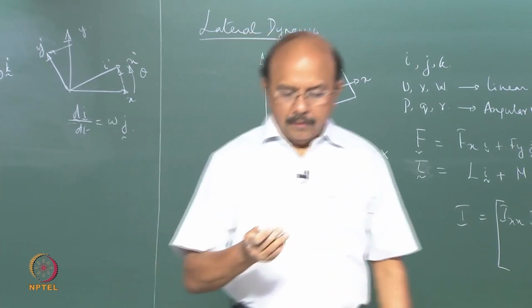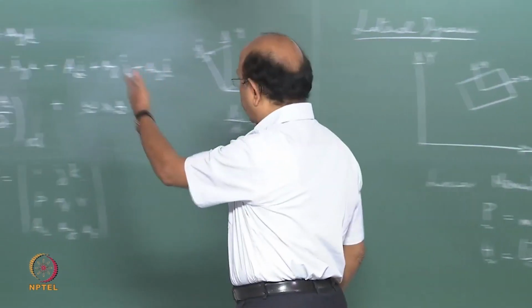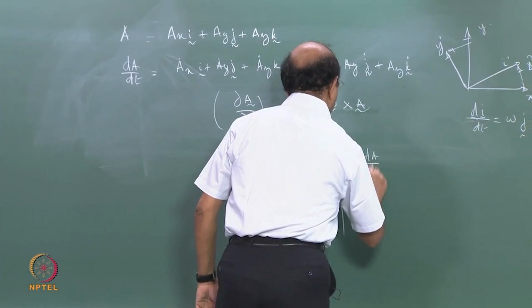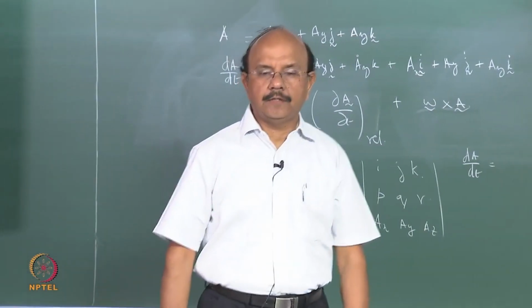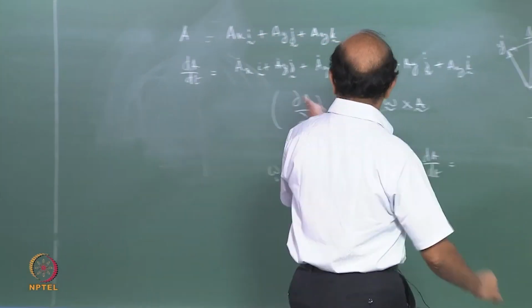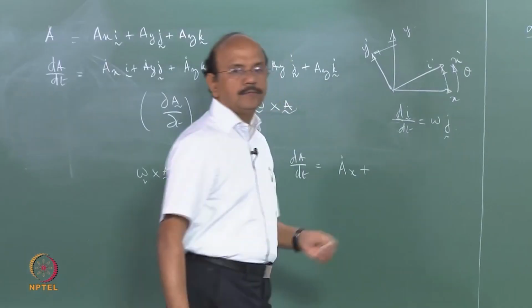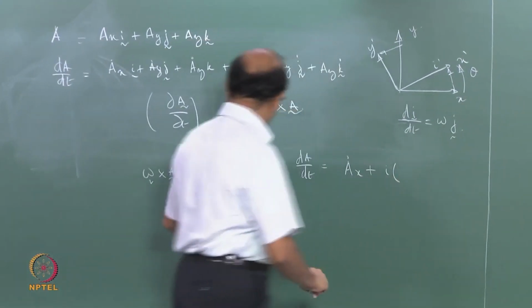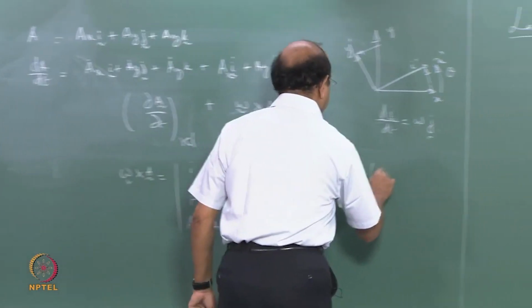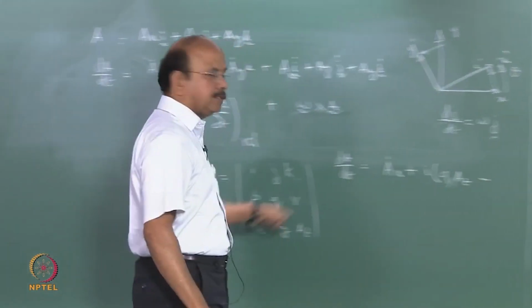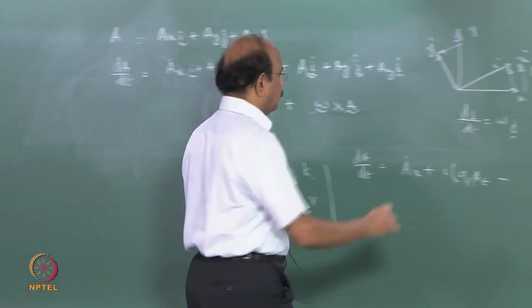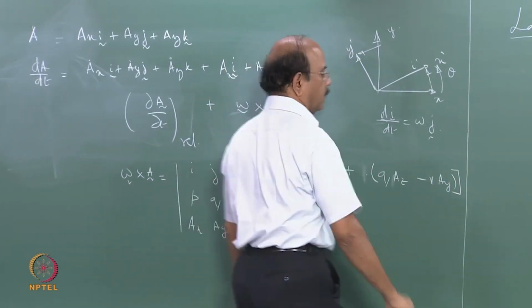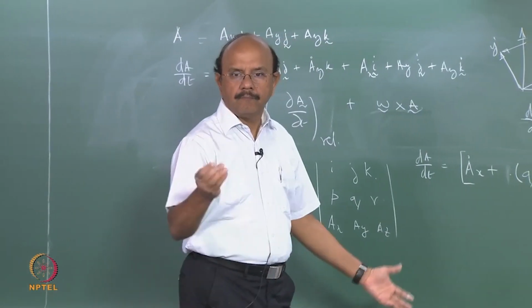Now dA by dt, if you write that in terms of this, what would happen for i: Ȧx plus, pick that up from there, plus i into (Q Az minus R Ay). The whole thing is i. Clear?